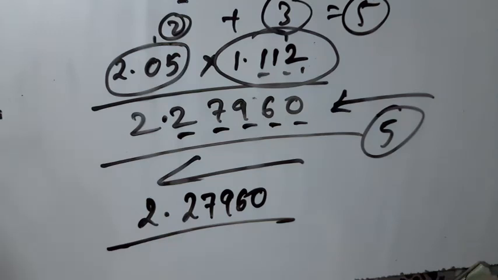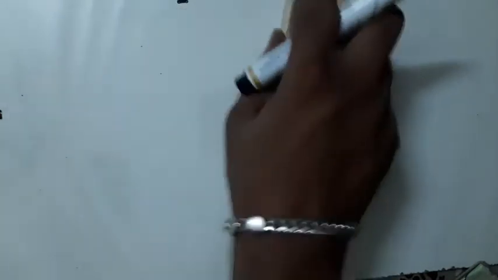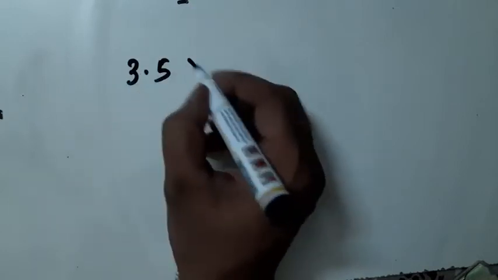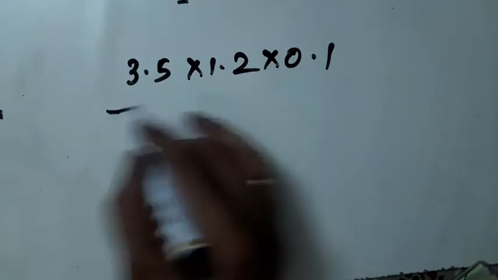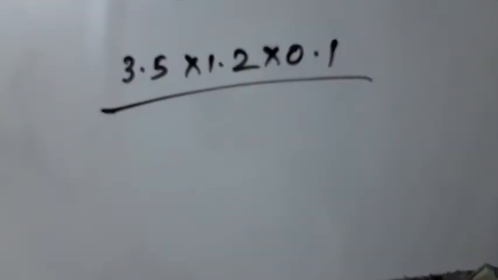So in this way we can multiply any decimal number with another one. Now let's consider 3 decimal numbers. Suppose we have 3.5, 1.2 and 0.1. Here also it's the same thing, we will not consider the point.